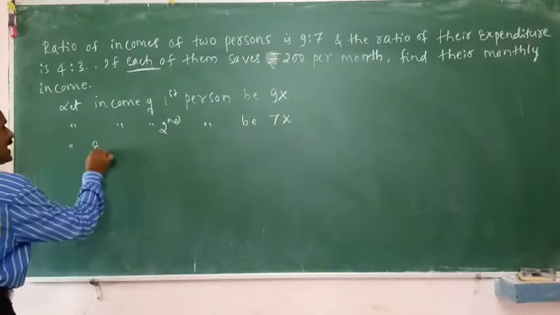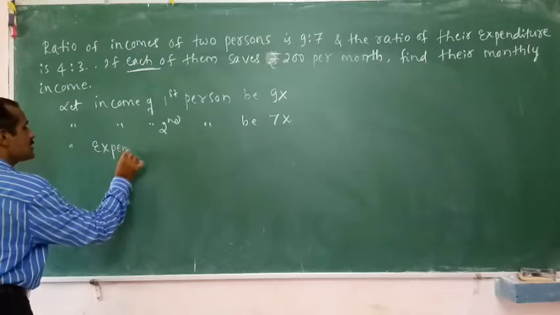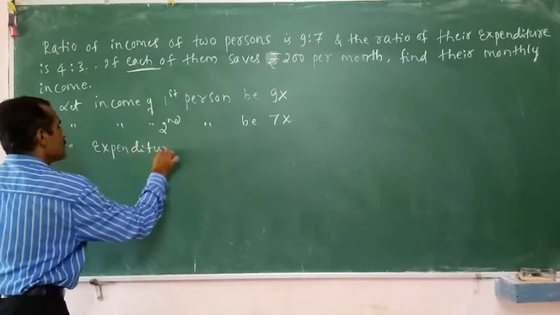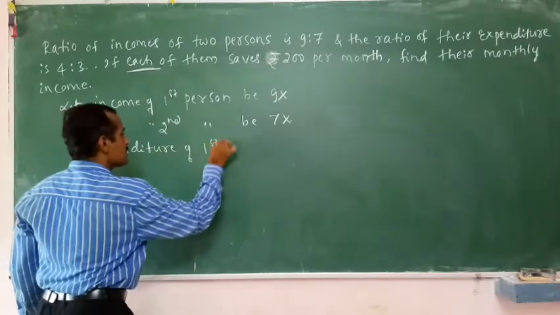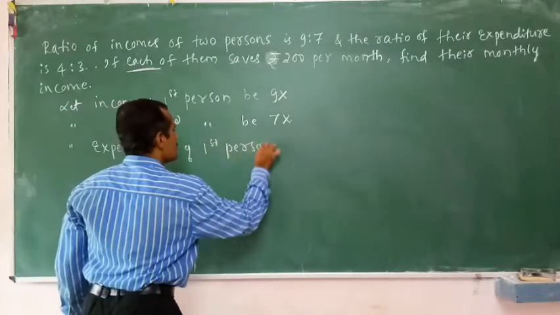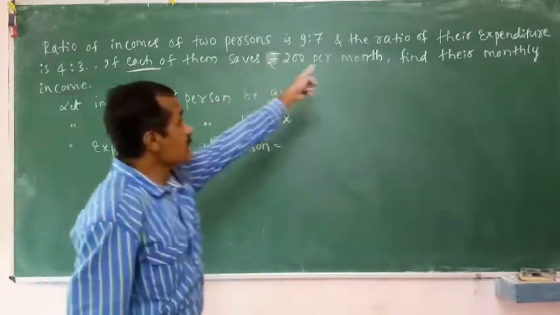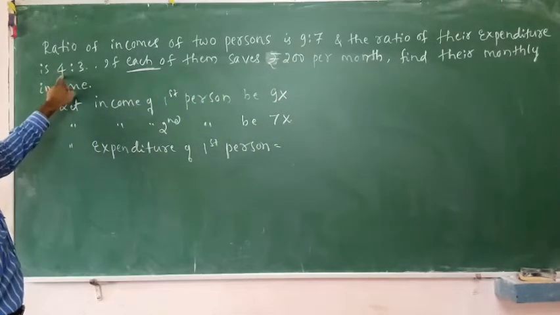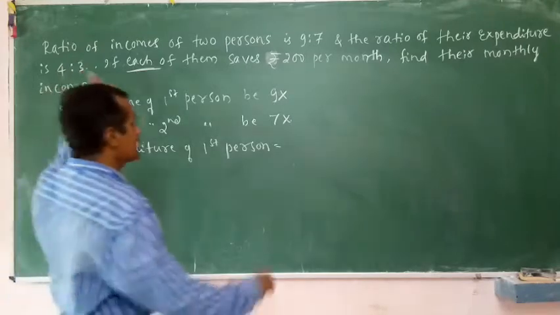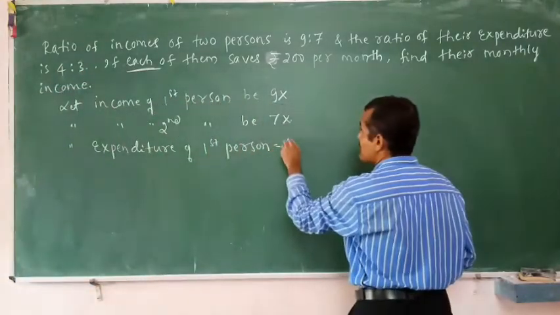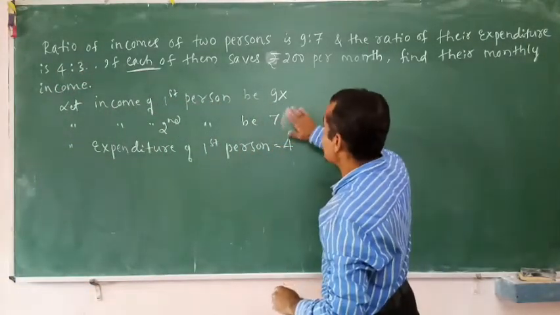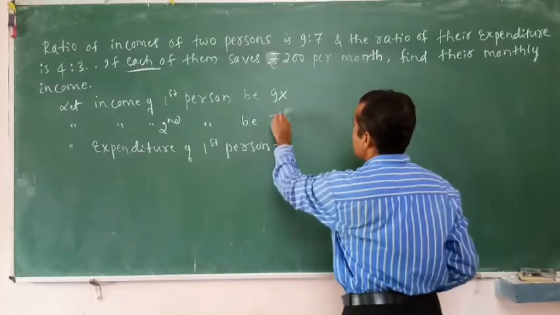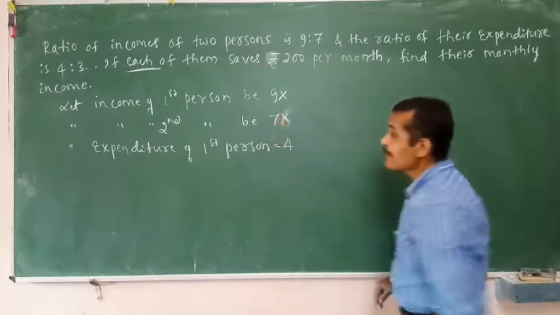Let expenditure of first person be, the expenditure is in the ratio of 4:3. That means this is the expenditure of the first, this is the expenditure of the second. Sorry, I will take this as 7x, right?